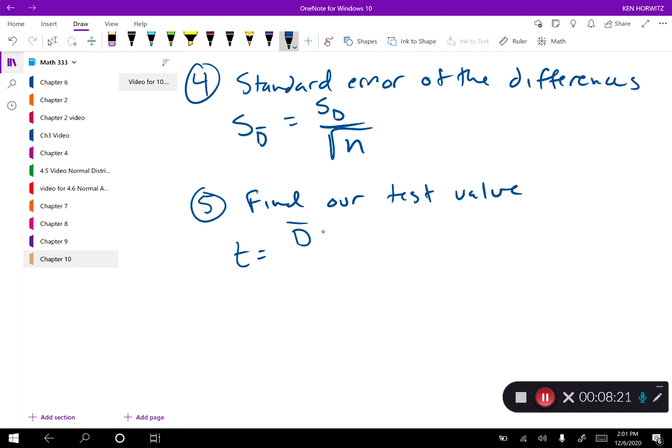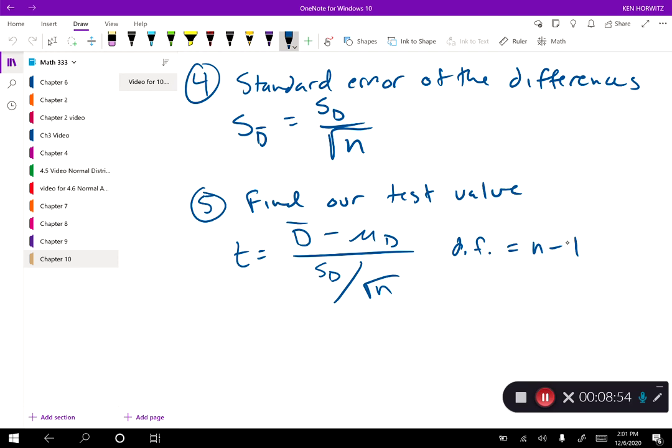We're going to have d bar minus the mu of our differences divided by our standard deviation divided by the square root of our sample size. Again, very similar to what we had before. And our degrees of freedom are going to equal, once again, n minus 1, just like they did before. Our degrees of freedom don't always equal n minus 1 in every instance, so it definitely needs to be stated.